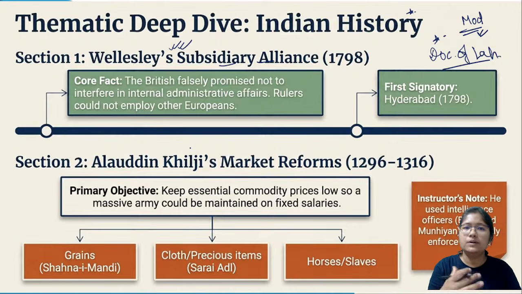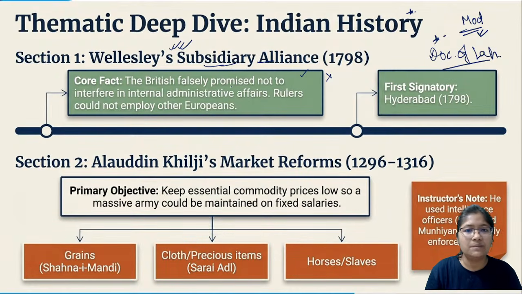Now, whenever you are studying this, as I told you, precision is very important. You should know what all the things were. In a subsidiary alliance, you don't have to keep your own army. We will provide you with the army. But if there is any maladministration, on that ground also we can start the charges.